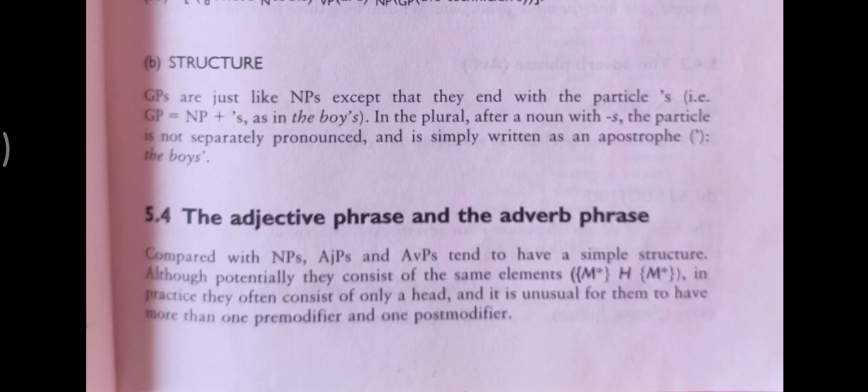These are the functional labels that we can see. It is very usual to have such labels, but it is unusual for them to have more than one pre-modifier and one post-modifier.